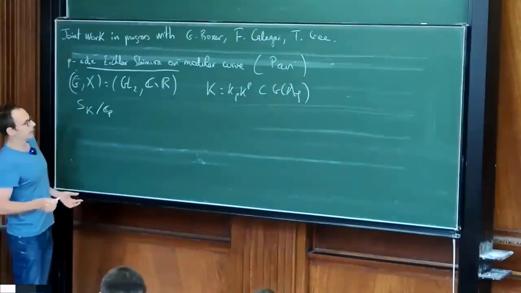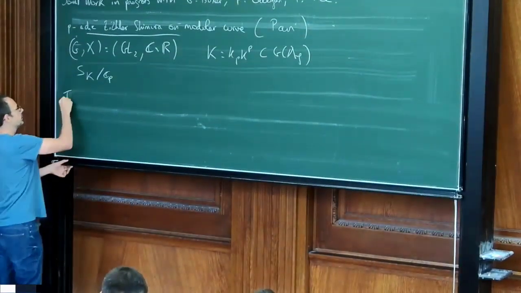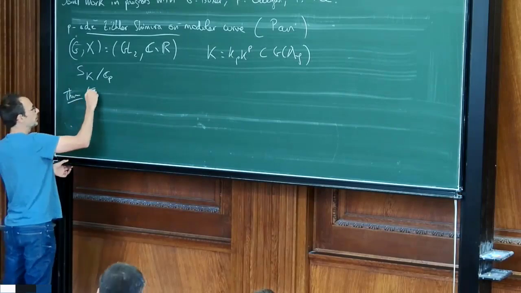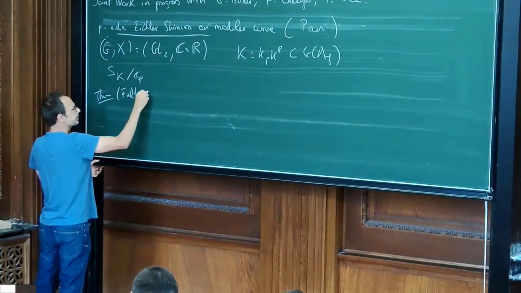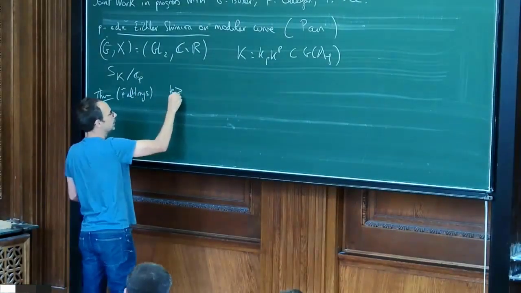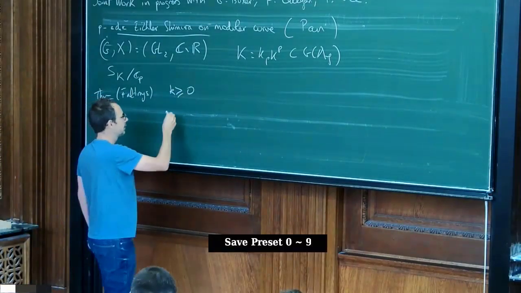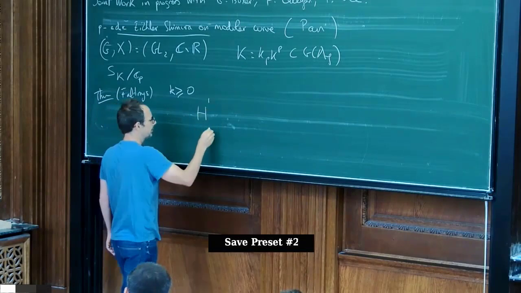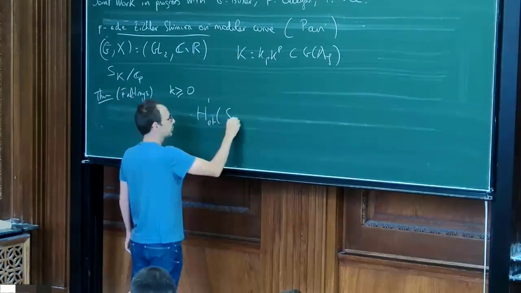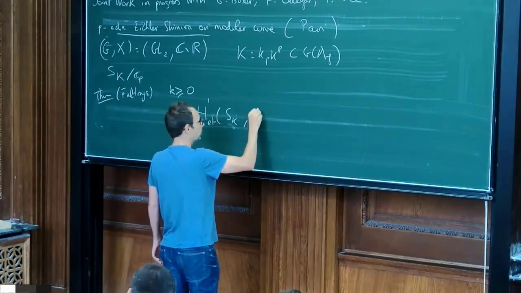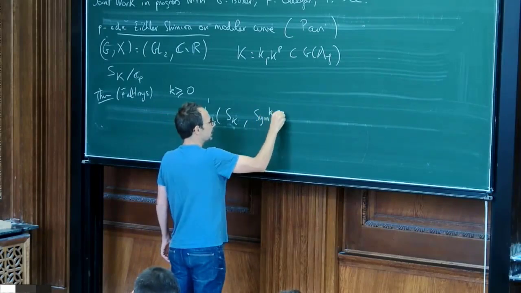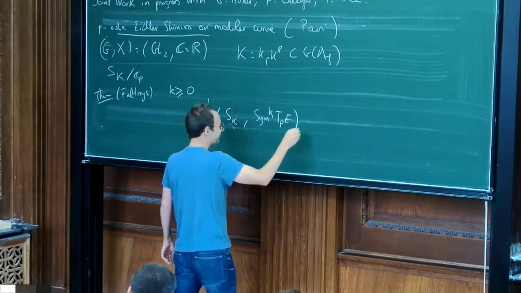So the Hodge-Tate decomposition is the following theorem of Faltings. If you take some positive integer k, then you can consider the étale cohomology of S_K with coefficients in the Sym^k of the Tate module.